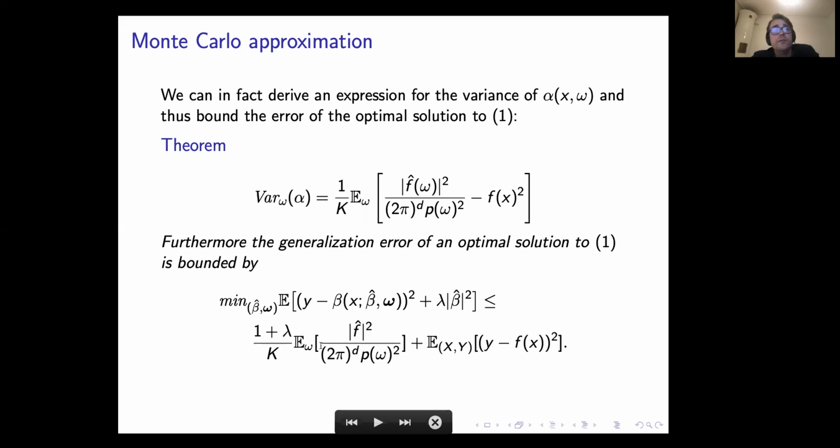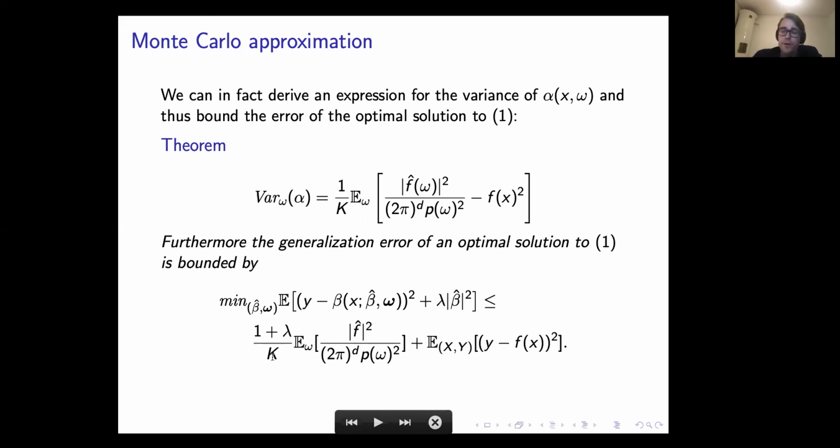what we arrive at is an expression here where the one thing we have control over is p, the density of omega. And also you see the factor 1 over k here.